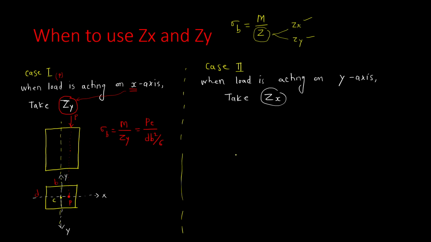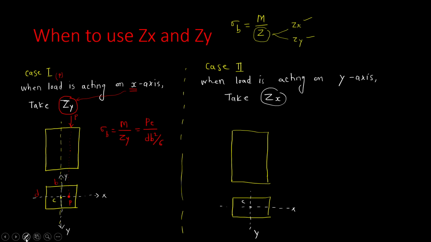So same thing, we'll try to draw it here. This is the rectangular section. This is the x-axis and this is the y-axis. This is the centroid. Now let's say that the point load is acting here.